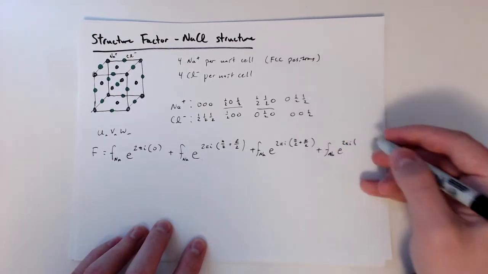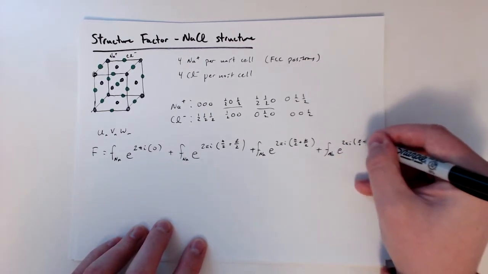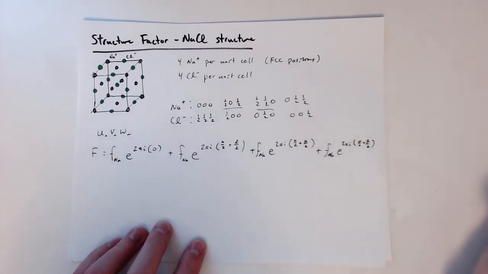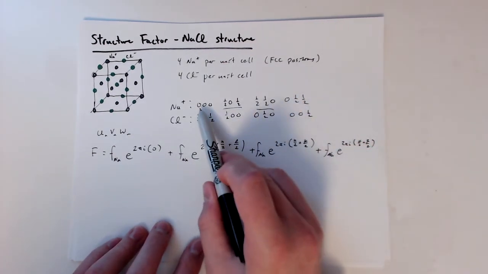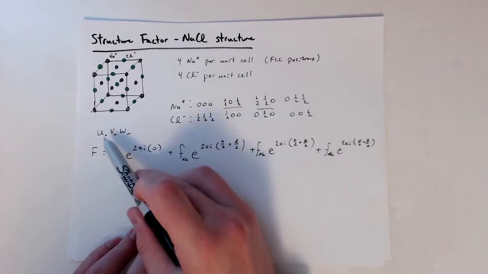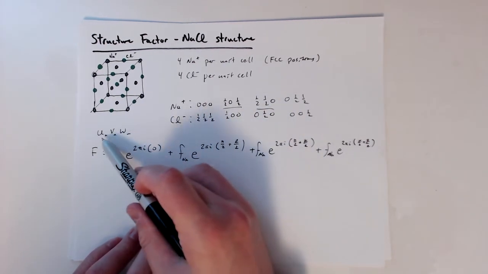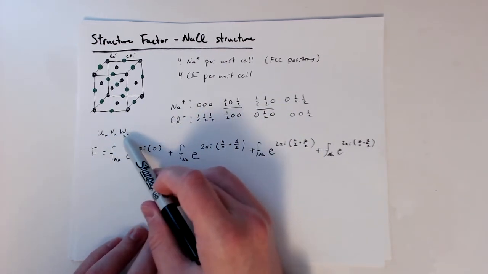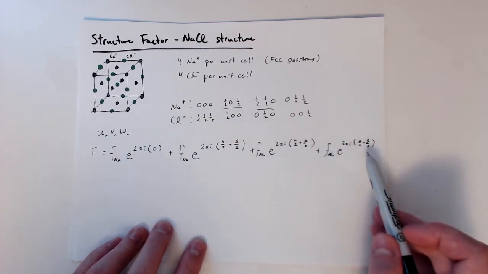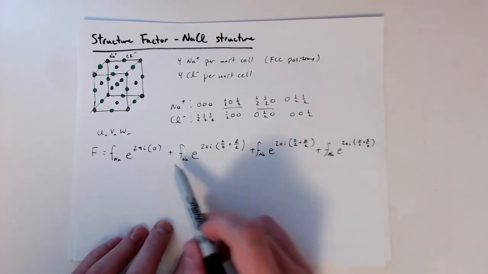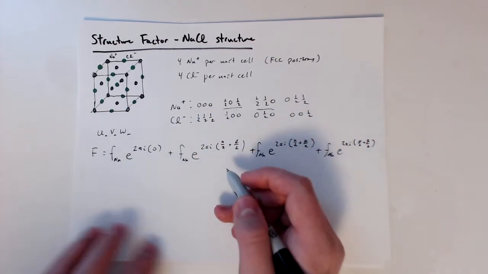In this one, it's going to be k over 2 plus l over 2, because I have the 0 here. So I'm multiplying the u term by h, the v term by k, and the w term by l, and that's where I'm getting these values, and I'm adding those together. So there's 4 terms for the sodium.